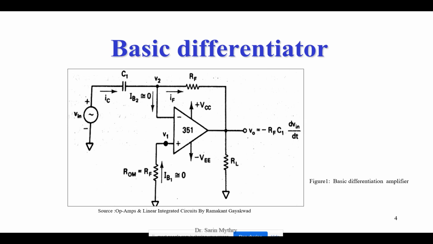So these are the two main changes between integrator and differentiator. In the integrator there was a resistor here and a capacitor here. If you interchange those two, it becomes a differentiator.